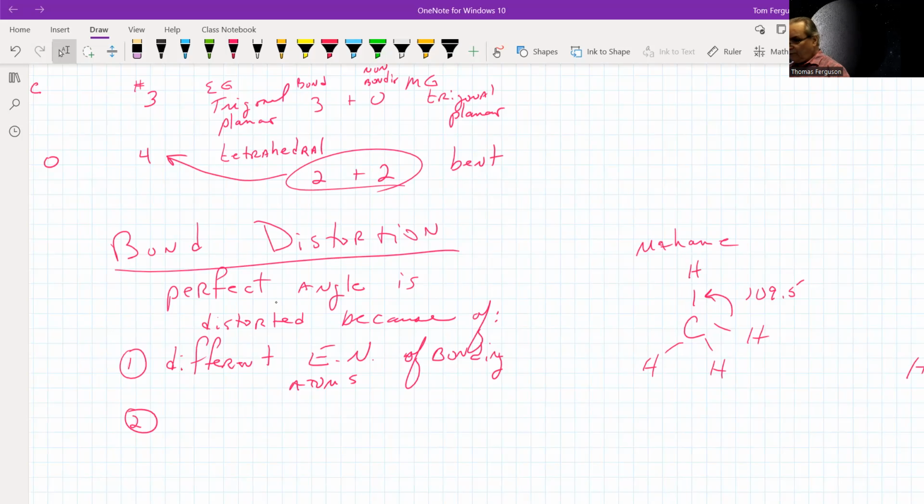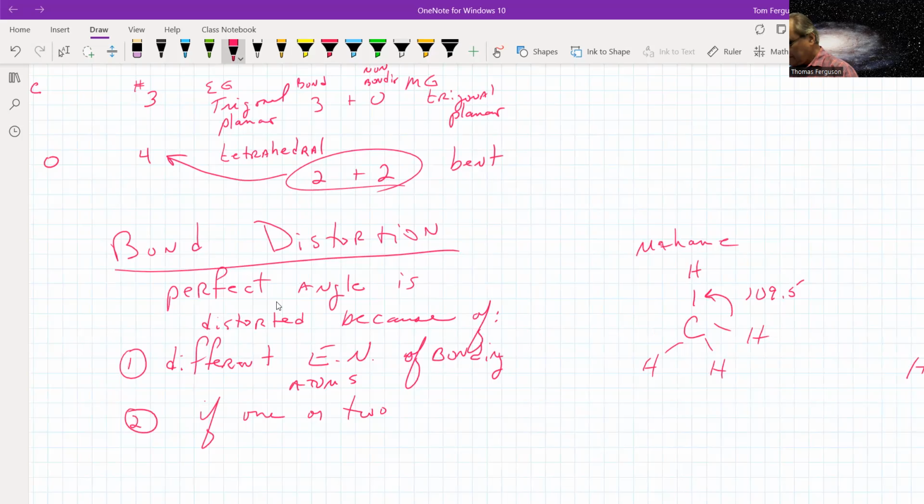All right, so the other one is if, now, when I say electron groups, depending on what table you're looking at, sometimes they refer to that as electron domains.